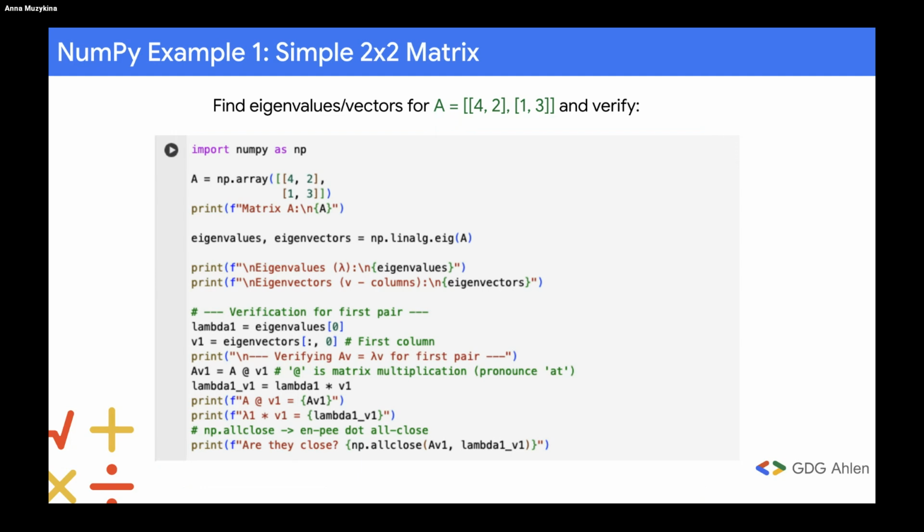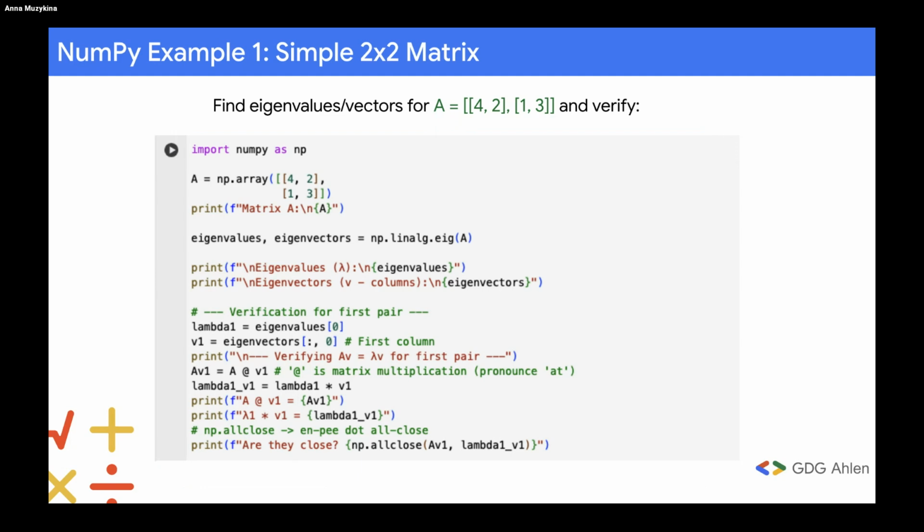NumPy found two eigenvalues, 5 and 2. It also gives us a matrix containing the corresponding eigenvectors as columns. The first column is the eigenvector for lambda 5, and the second column is the eigenvector for lambda 2.